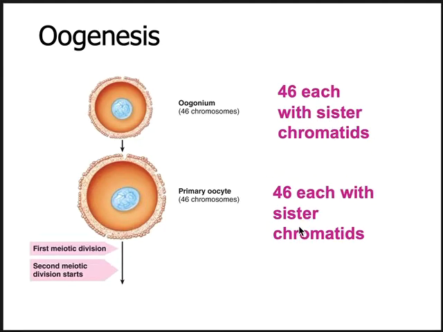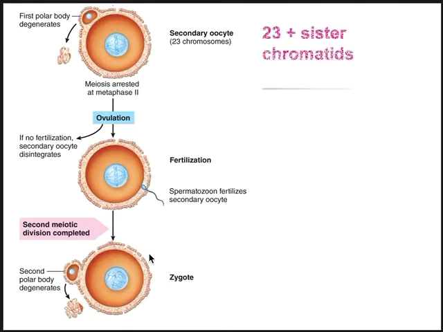Okay. Now, at the end of the first meiotic division, you will have 23 chromosomes, and sister chromatids are still attached. And this is where it gets weird, okay? So instead of dividing into 2 equal cells like you see for spermatogenesis, you will have one really big cell that gets the majority of the cytoplasm and all the resources of the cell.